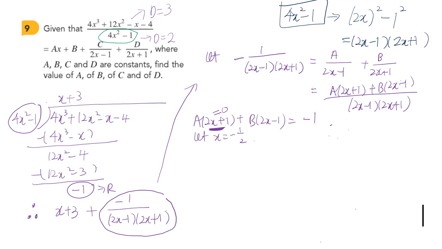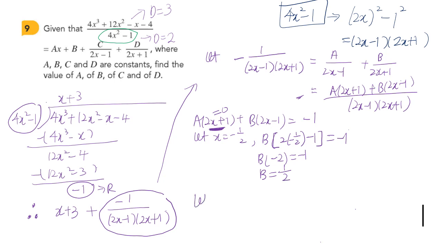So A will be eliminated, so B will be 2 times negative half minus 1 equals negative 1. Right, so you will end up getting negative 2. So B will be negative 1 divided by negative 2, which gives you half.